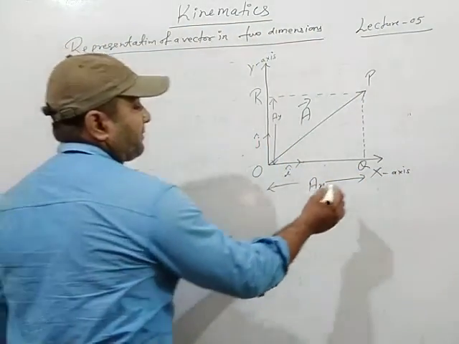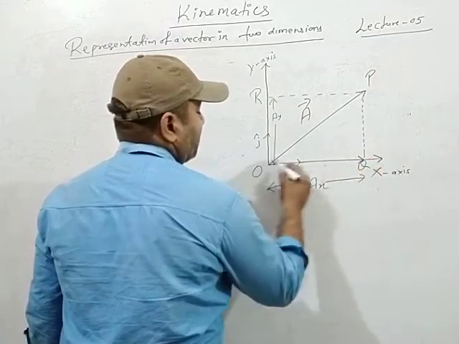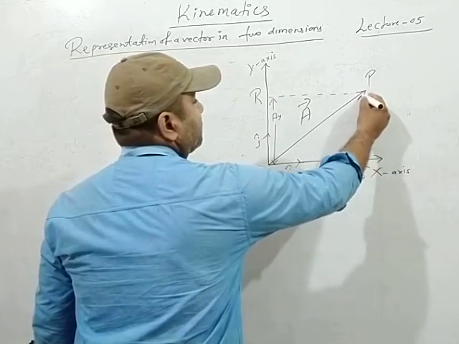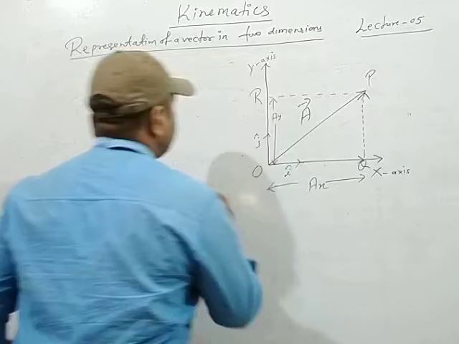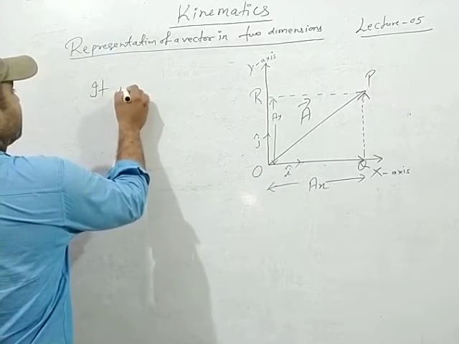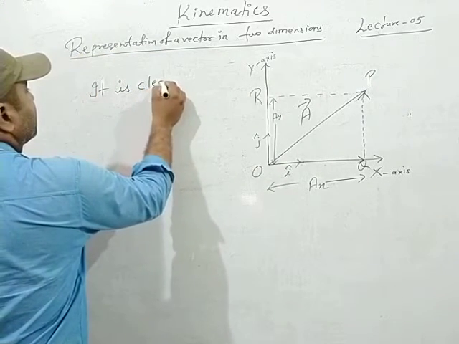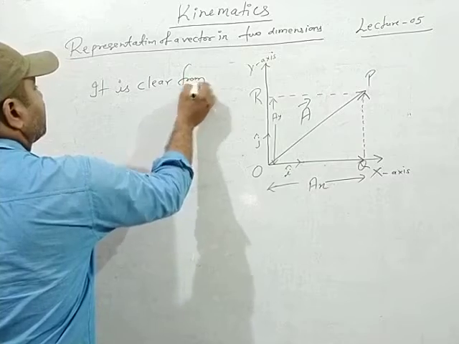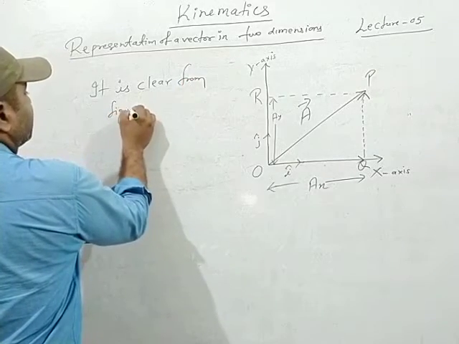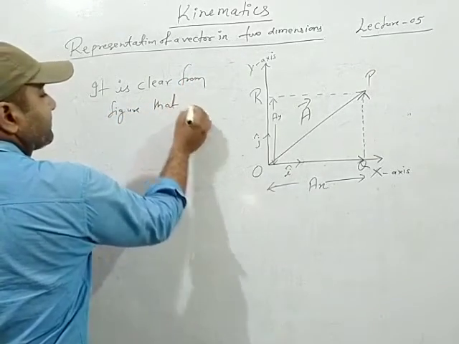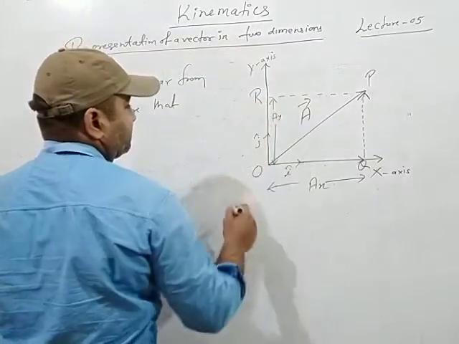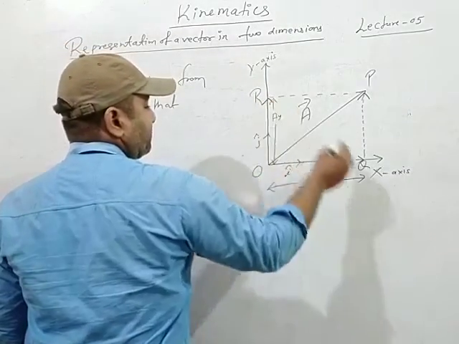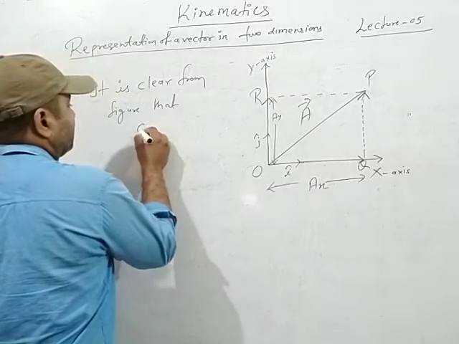Here, by the triangle of vector addition, from O to Q and Q to P, it is clear from the figure that vector OR is equal to vector QP.